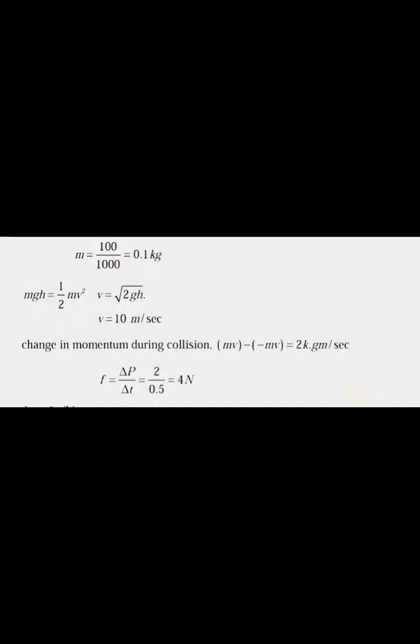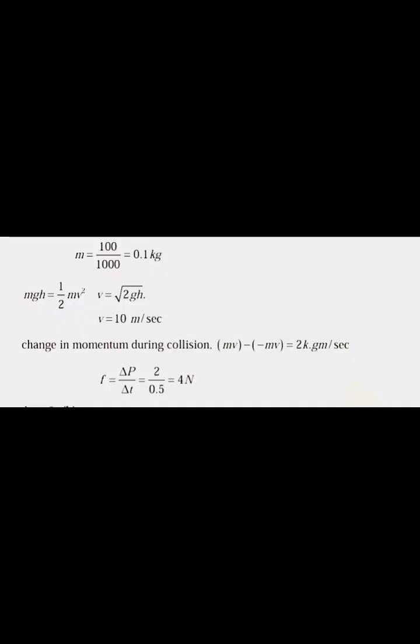So we can say that the change in momentum is mv minus minus mv, that is the final value minus the initial value of the momentum. That is equal to 2 kilogram meter per second, because here we substitute the value of v as 10 meter per second and mass as 0.1 kilogram.